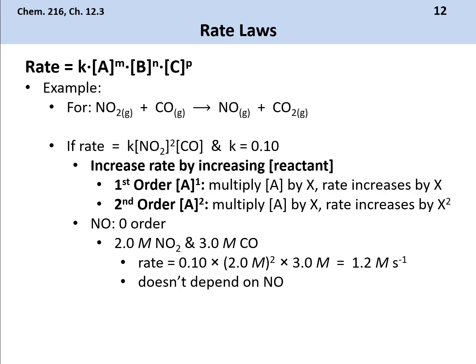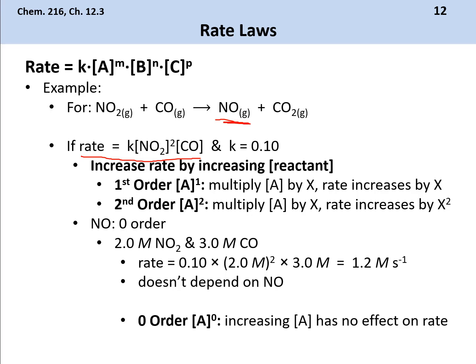How about zero order? This rate law is zero order with respect to NO. Notice NO is nowhere in this. I've already done this with 2 molar NO2 and 3 molar CO. Notice how the concentration of NO doesn't matter.